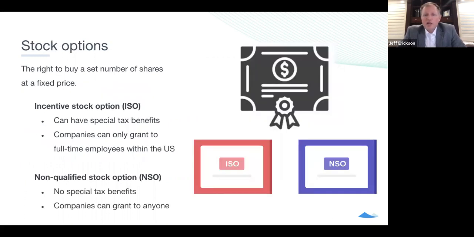And then let's briefly talk about stock options. With stock options, the reason you'd issue stock options are often to employees to attract top talent. Especially as an early stage startup, you probably don't have the capital to afford the very top talent, and yet that's probably what you need and want.